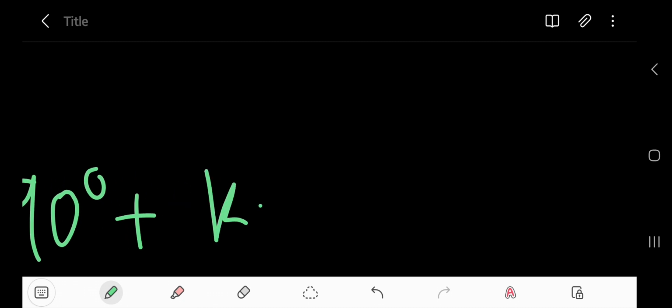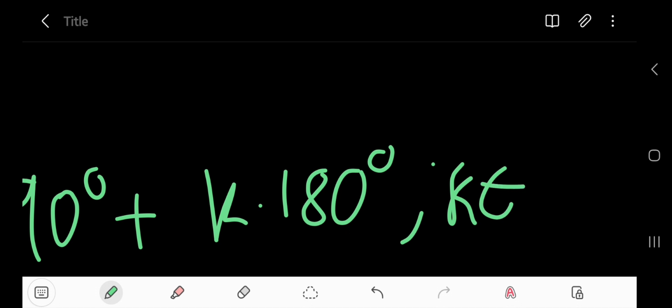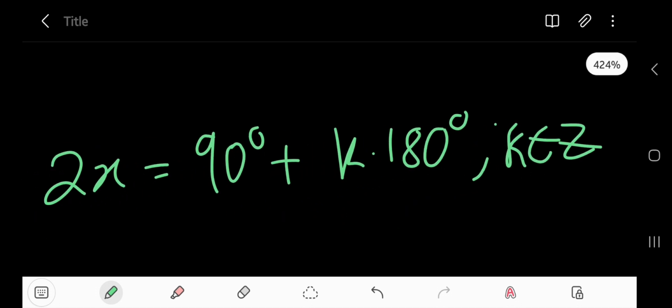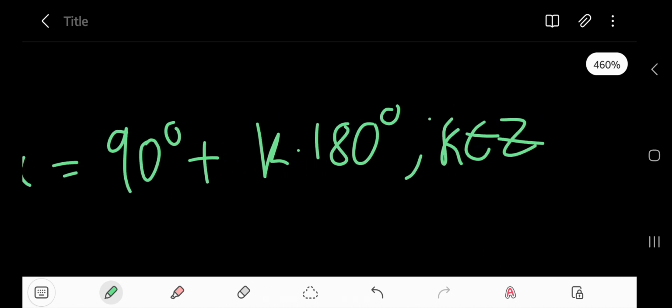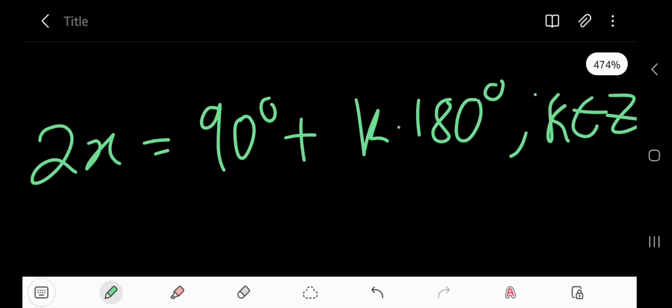We had tan 2x, so as long as we have a tan, we just take it as it is. Tan 2x is equal to 90 degrees plus k times 180, where k is an element of integers. So that's the first thing that we have.